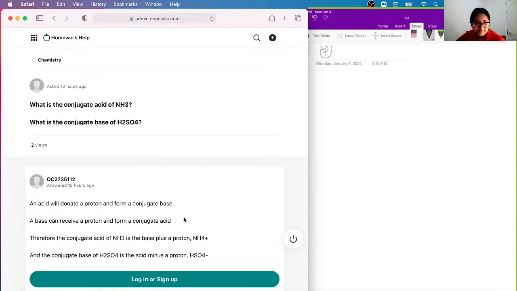The next question says, what is the conjugate acid of ammonia and the conjugate base of sulfuric acid?